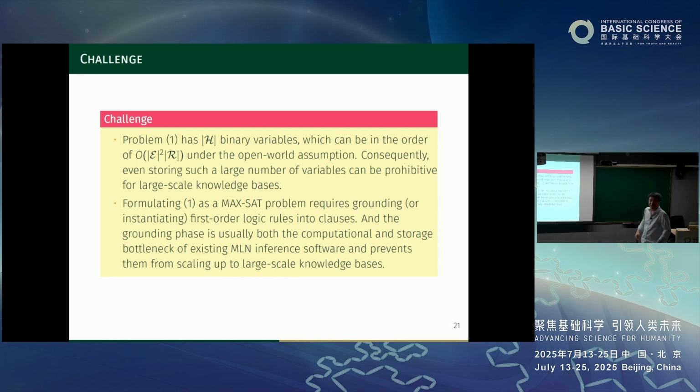You can imagine how large the number of variables is. And if you are grounding the rules, which can sometimes be long, you substitute the entities into the rules, and the grounding can be even larger. The grounding phase is usually both the computational and storage bottleneck for existing MLN inference software, and prevents them from scaling up to large-scale knowledge bases.